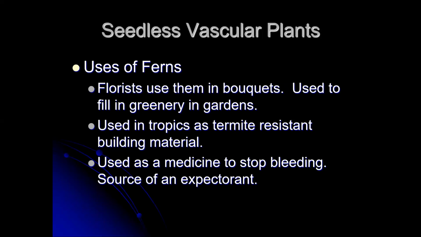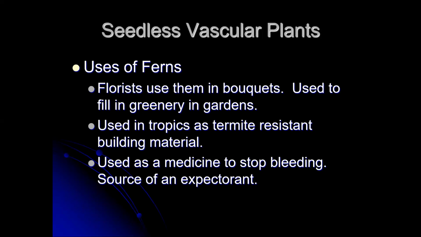In the tropics, the tree-like ferns that grow there are naturally termite resistant. So those make excellent building materials. Things will last longer and not be so quickly destroyed by termites, because in the tropics, the termites are larger and even more devastating than what we have here.